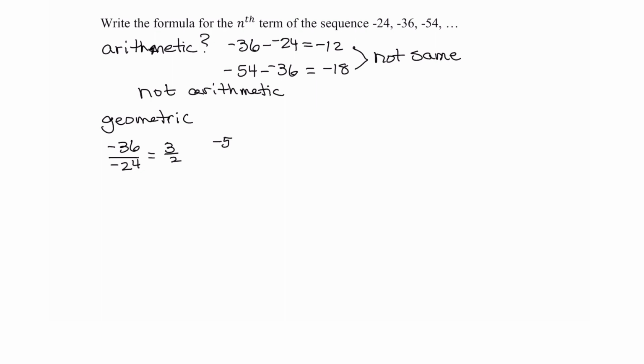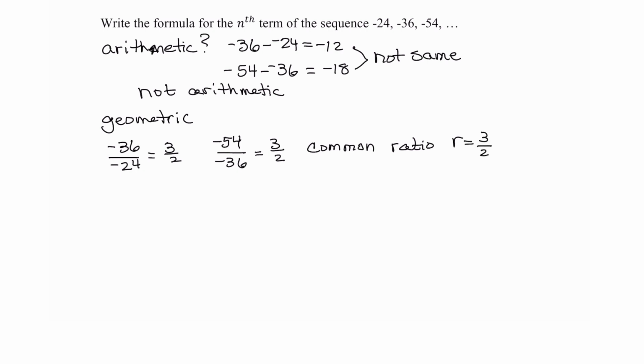So negative 54 divided by the negative 36. And when you simplify that ratio, you also get a 3/2. So I do get a common ratio, and that common ratio r is equal to 3/2.